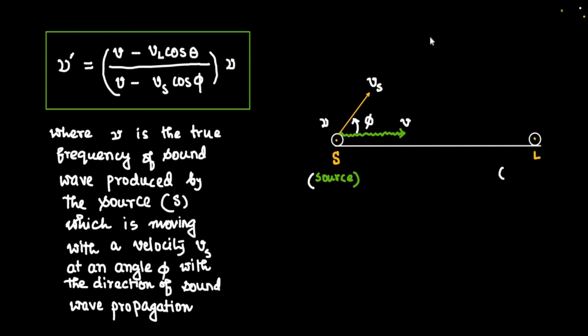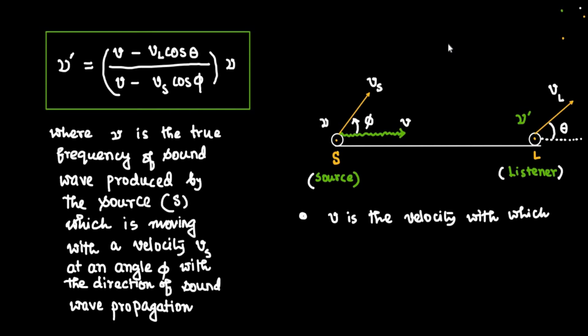Nu is the actual frequency and L is the listener of sound wave. This is the direction of sound wave propagation, and the listener travels in this direction with a velocity vL at an angle theta with the direction of sound wave propagation, and nu prime is the apparent frequency heard by the listener.